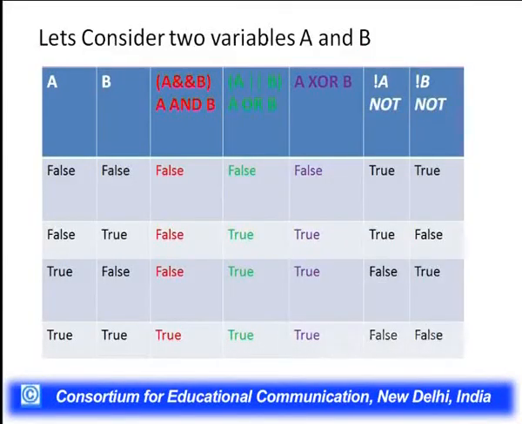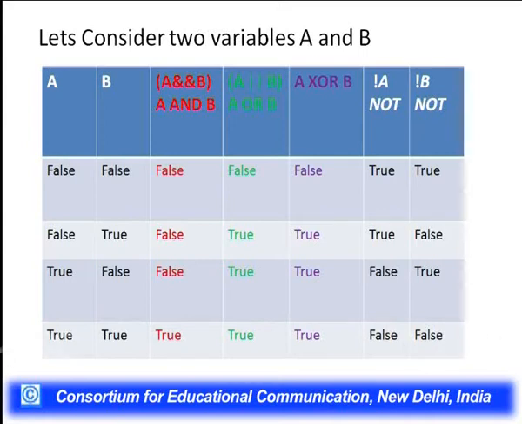Let us consider two variables A and B and apply all the fundamental operators on A and B. First consider A is false, B is false. Then applying the AND operator, A and B, the result will be false.